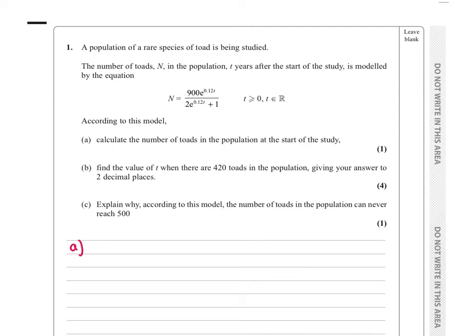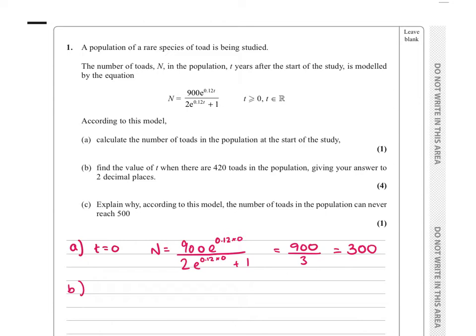So we need to substitute in t equals 0, so we're going to get n equals 900e to the power of 0.12 times 0 over 2e to the power of 0.12 times 0 plus 1. This is actually going to give us 900 over 3, which is in fact 300. Perfect.